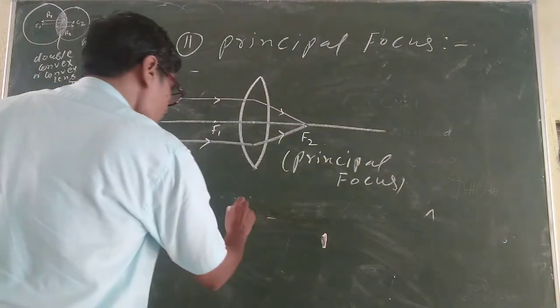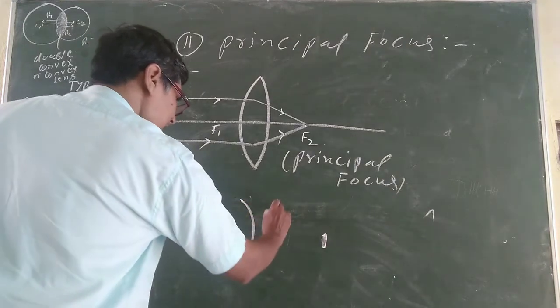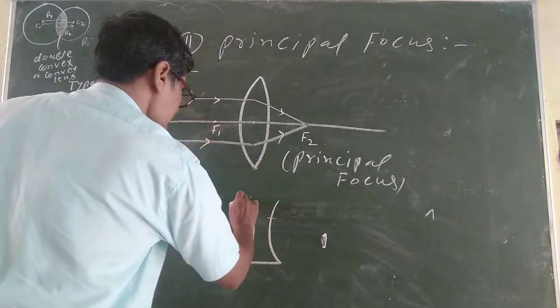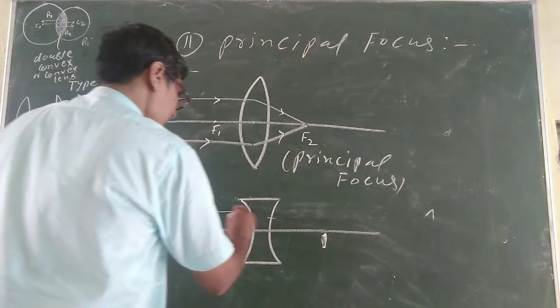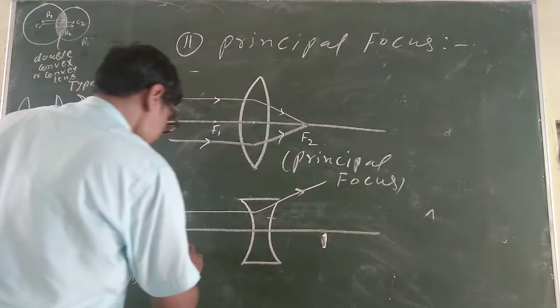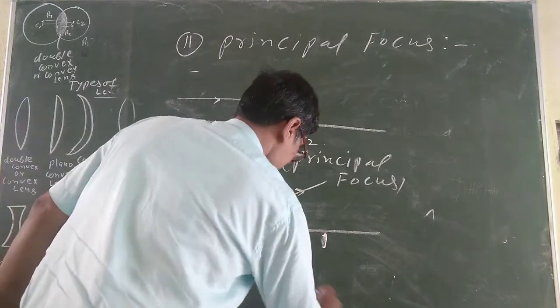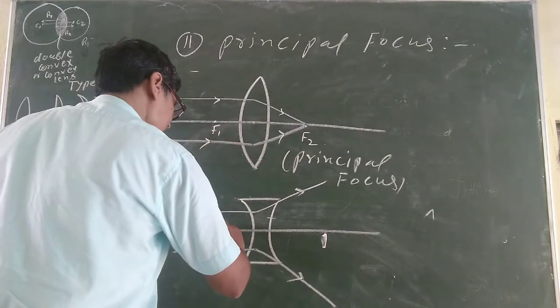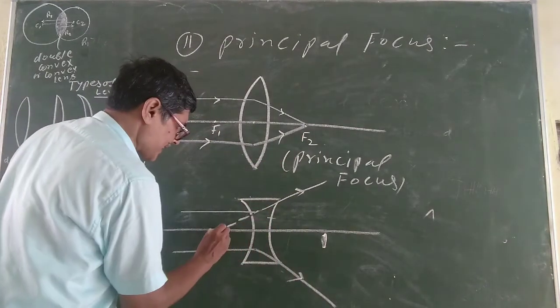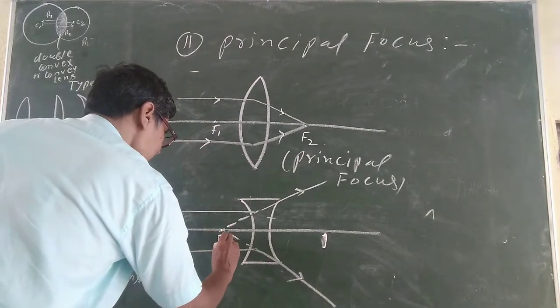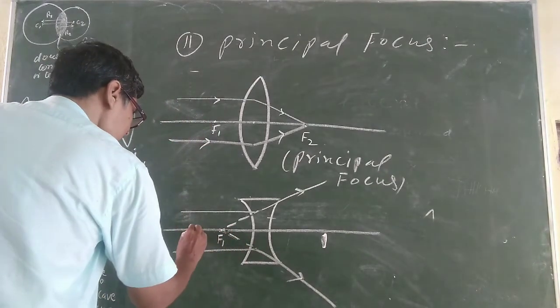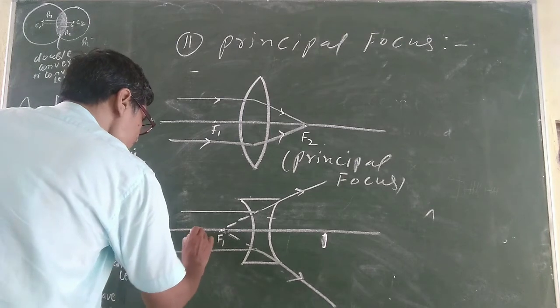But in the case of the concave lens, it is a diverging lens and the rays after refraction diverge. Extend them in the backward direction, and the point from where they appear to come is called the principal focus.